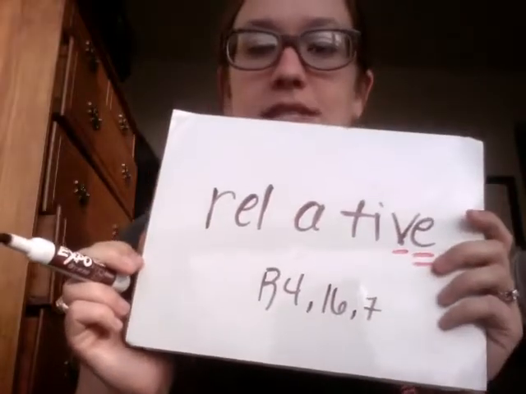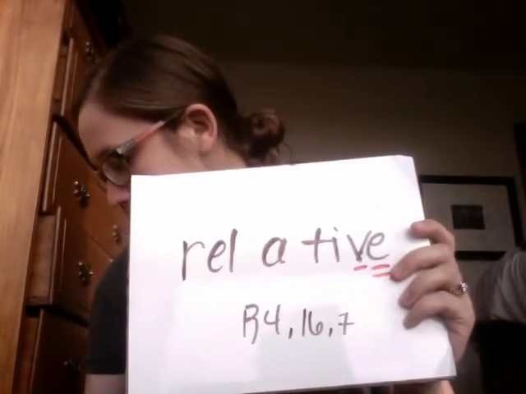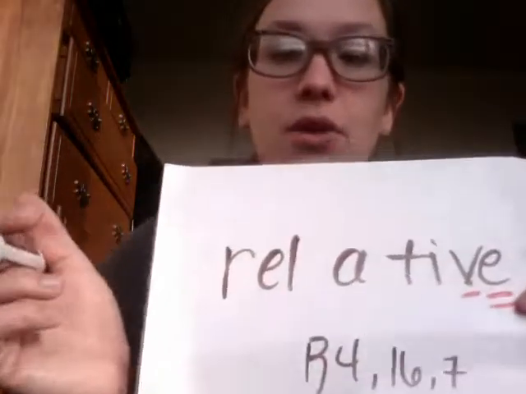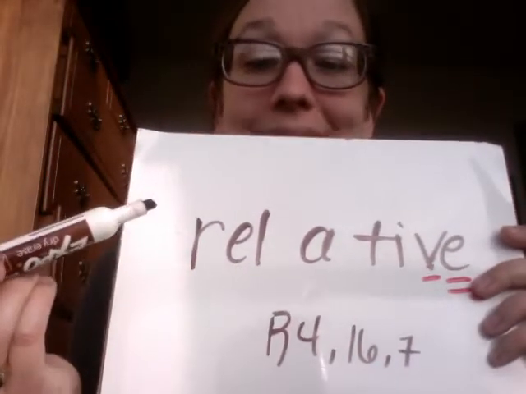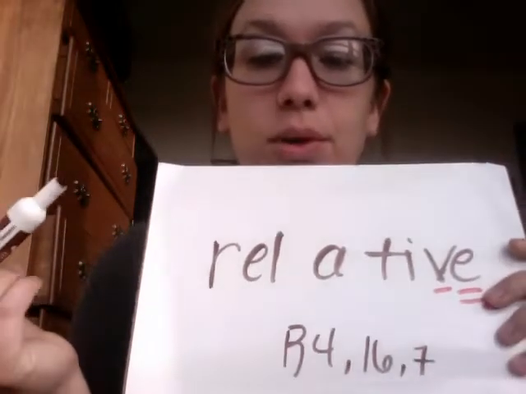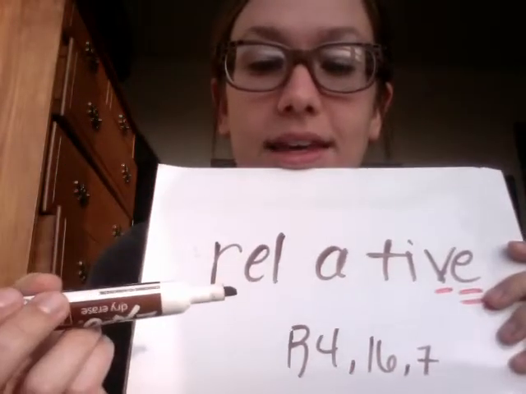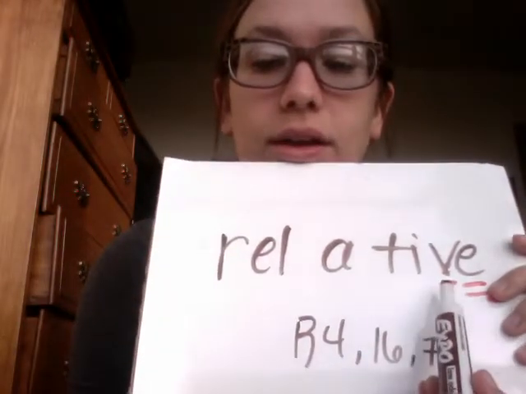Another rule is rule 16. Rule 16, the eavesdropping rule, right? That's because this word comes from the word relate, which would end in an E. But remember our eavesdropping rule, you drop the E when adding a vowel suffix.